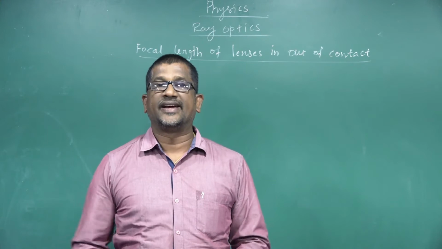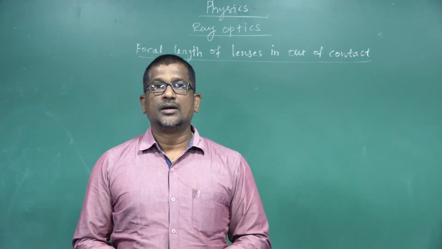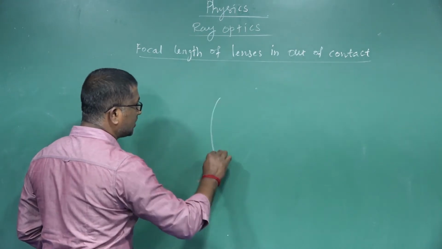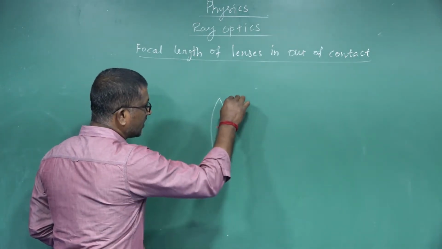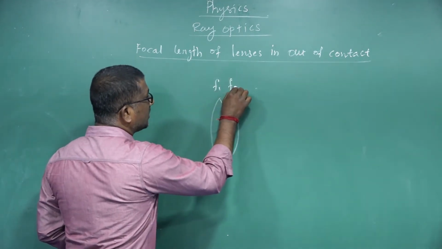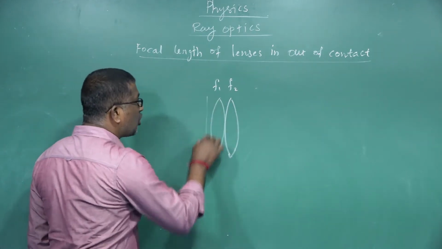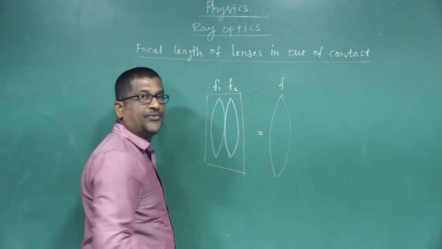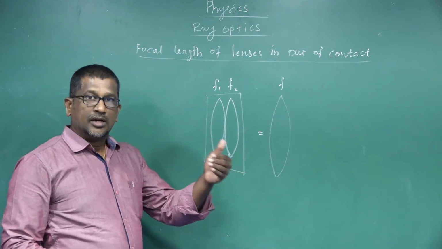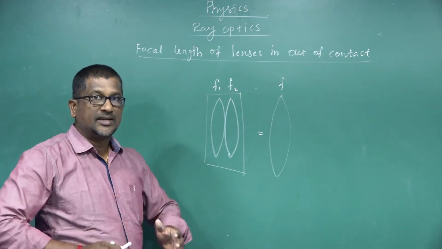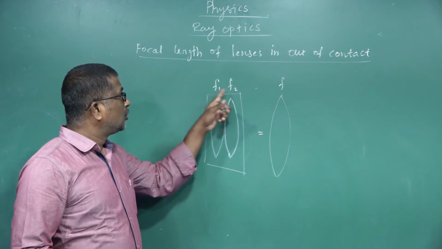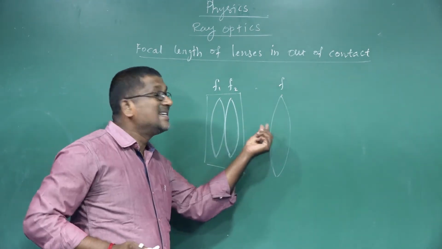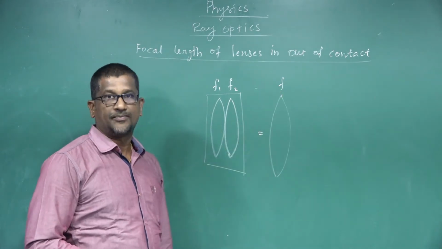In that topic, it was explained that when two thin lenses of focal lengths f1 and f2 are brought in contact, this combination is treated as a single thin lens whose focal length is f.